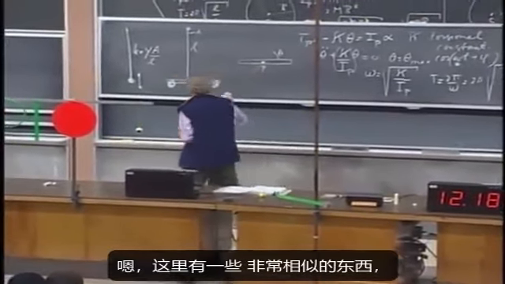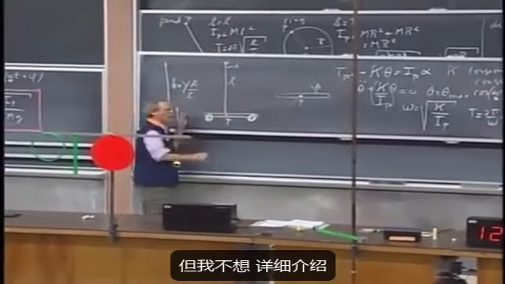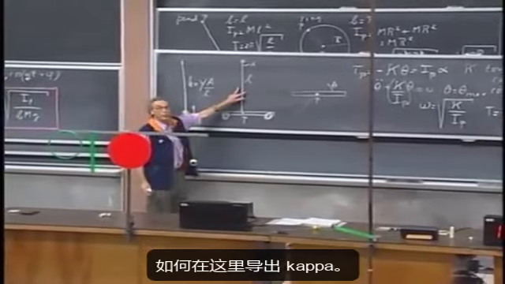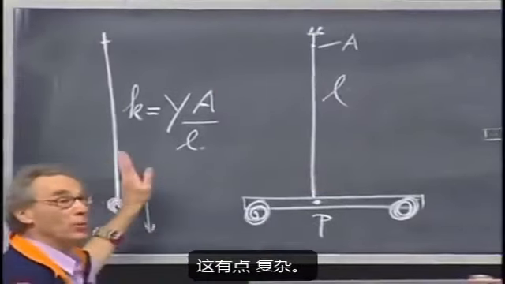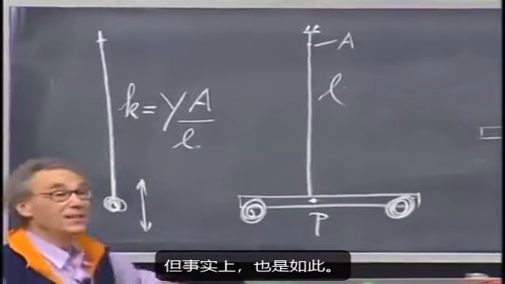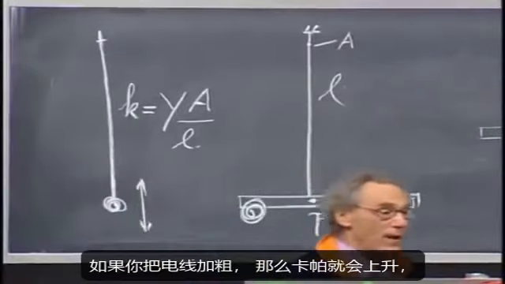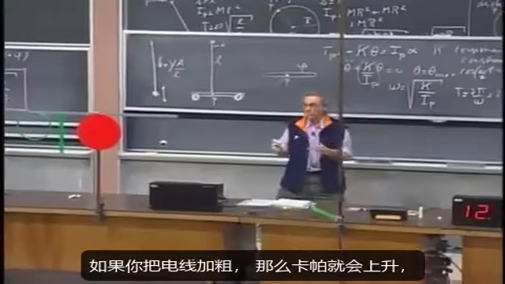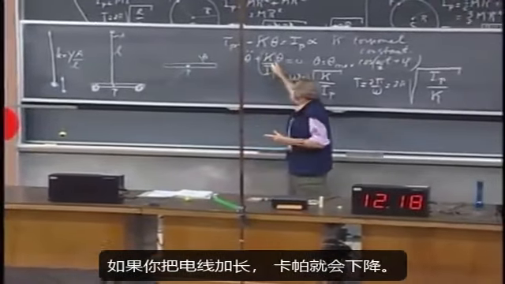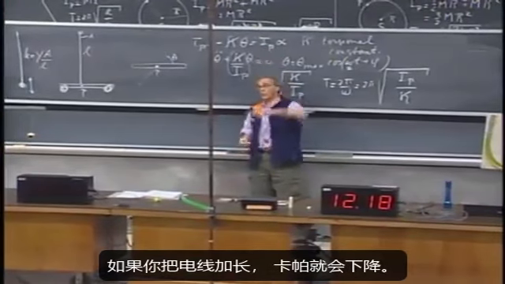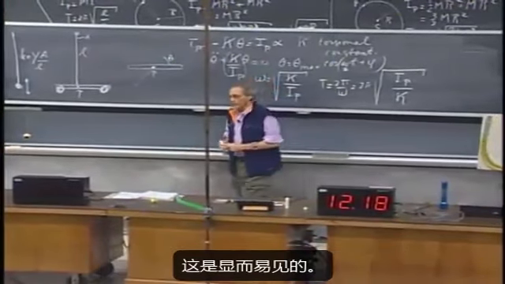Well, there is something very similar here, but I don't want to go into the details of exactly how you derive kappa. It's a little bit more complicated. But indeed, the same is true: if you make the wire thicker, then kappa will go up, and if you make the wire longer, kappa will go down. That's immediately obvious.